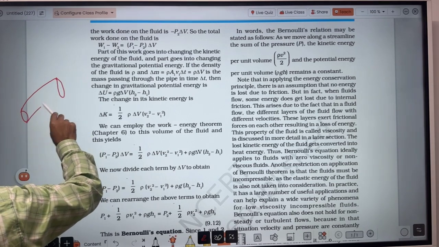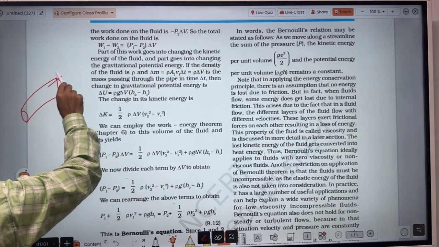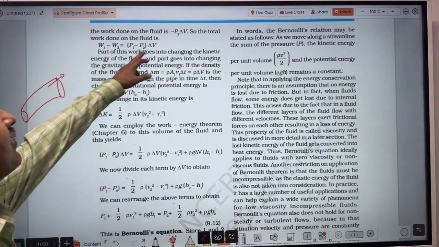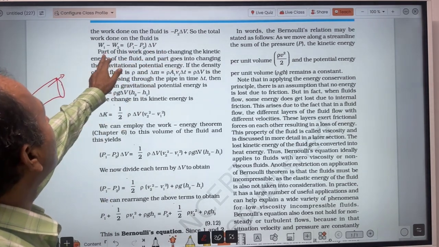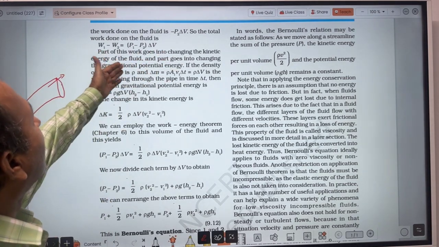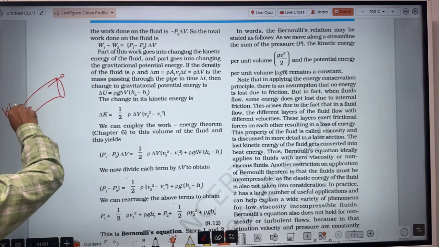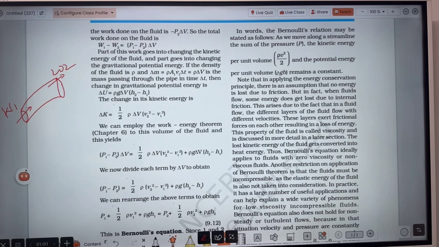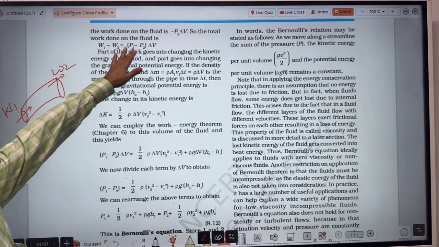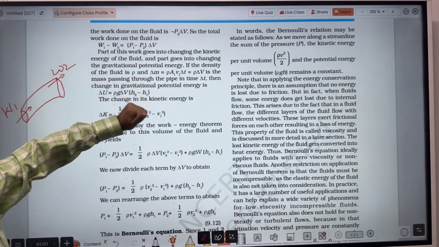At this corner, what is the work done? That will be minus P2 delta V. So the total work done on the fluid, here W1, here W2, so we find the difference. So (P1 minus P2) times delta V.